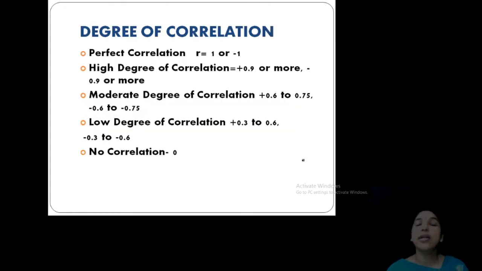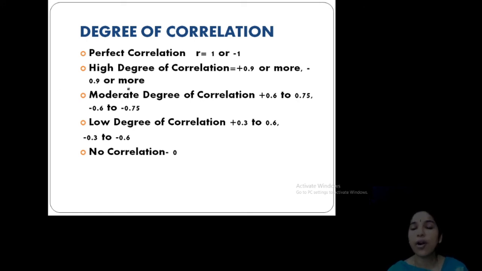Next slide: degree of correlation. If it is perfect correlation, you will get r equal to 1, that is perfect positive correlation. If r is negative 1, it is perfect negative correlation. Clear? Then a high degree of correlation is plus 0.9 or a high degree of negative correlation is minus 0.9 or more.